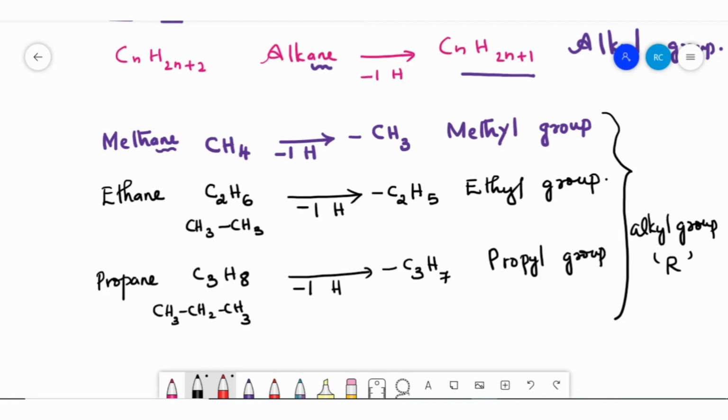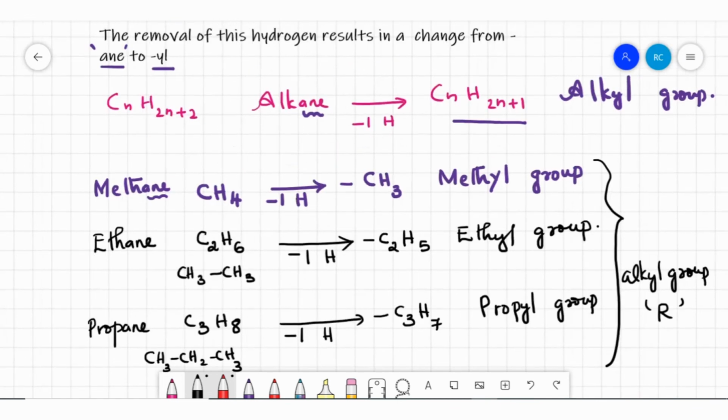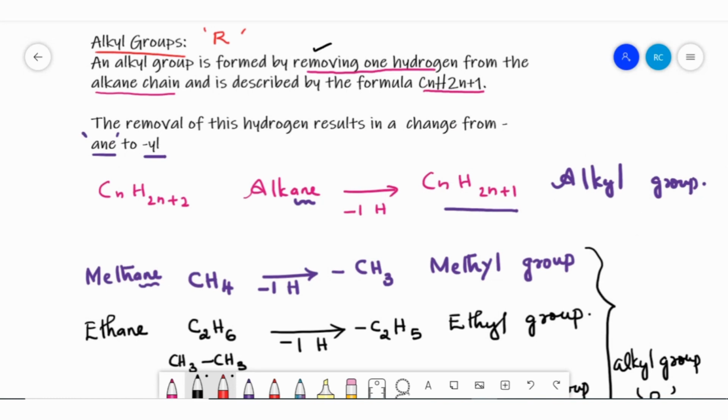Alkyl groups are compounds in which one hydrogen is removed from the alkane chain, so the formula can be written as CnH2n+1. When you remove one hydrogen, the alkane name changes to alkyl. The alkane is converted into an alkyl group.